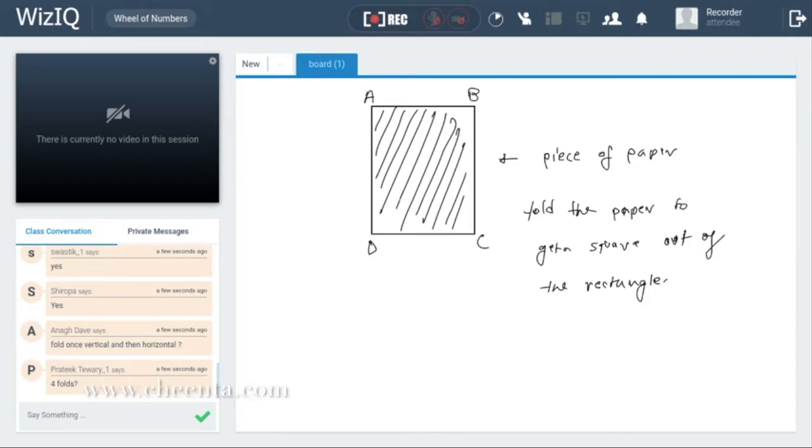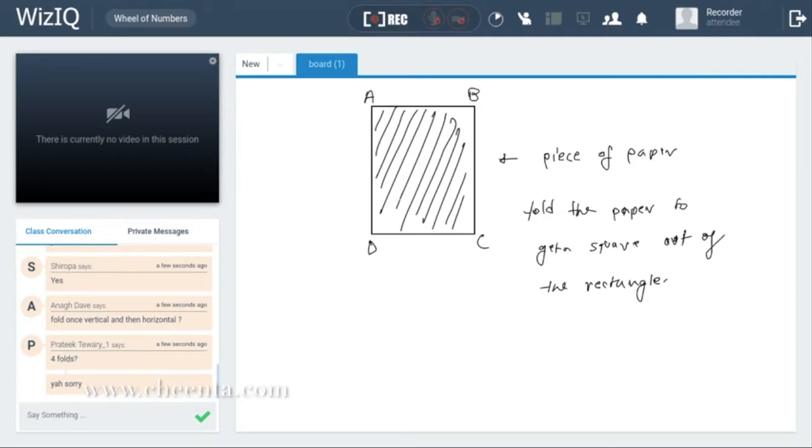Four folds? No, actually you will need just two folds, one vertical and one horizontal. No, that will not help. Think a little bit more.